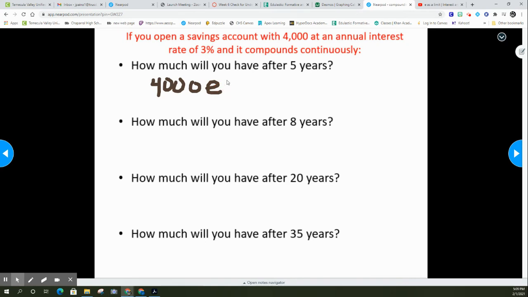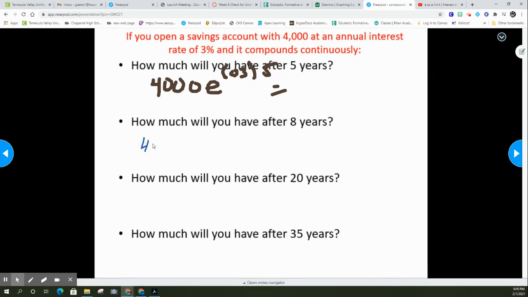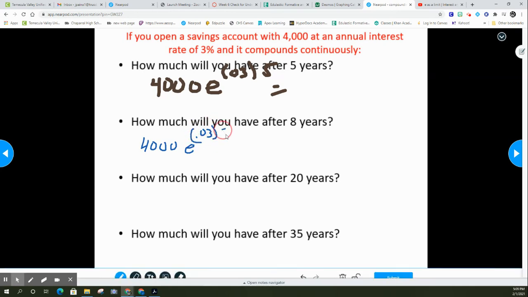So e, and that's going to be 0.03 times 5. Then the other ones are the same thing over and over again. We're just changing the years.